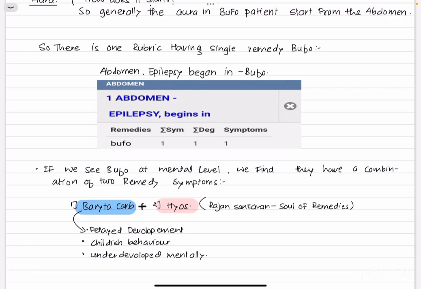Now we will discuss the Bufo patient, how this patient looks, or how this patient's mental symptoms look. If we have to study Bufo in a very good manner, we must read Soul of the Remedies. In Soul of the Remedies, Dr. Shankaran has given that Bufo is nothing but a combination of Baryta and Hyoscyamus.